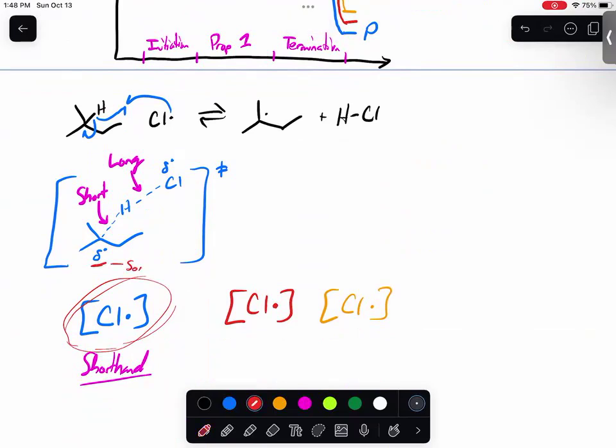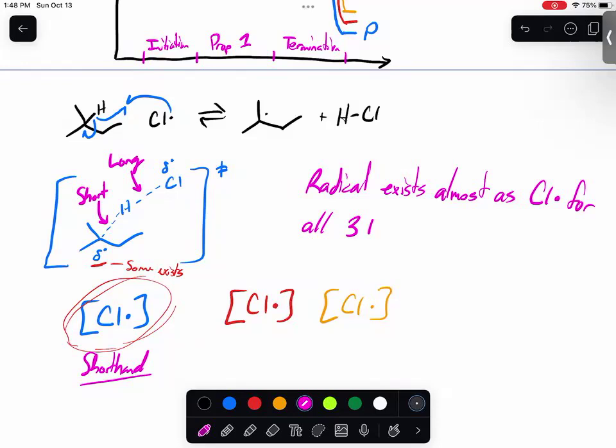Some of this exists, but it primarily exists as a chlorine radical. So essentially what that means is that since the radical exists almost as Cl dot for all three transition states, there's practically no difference.